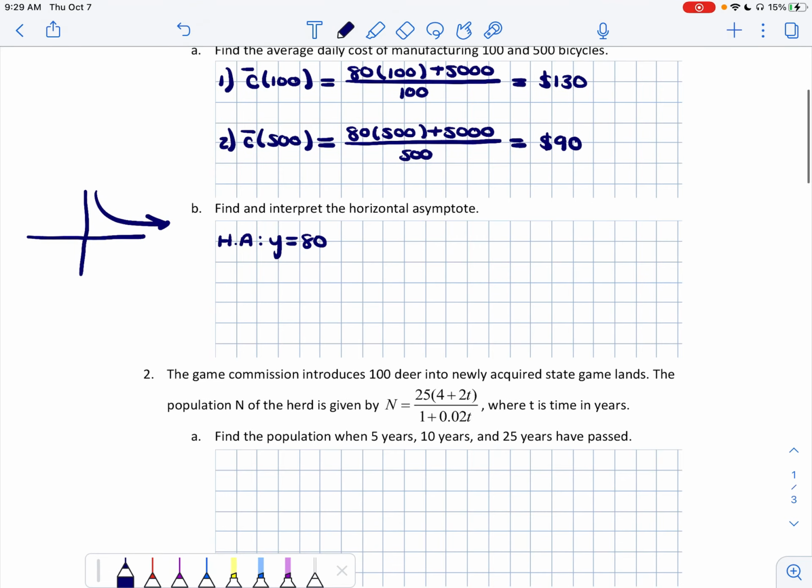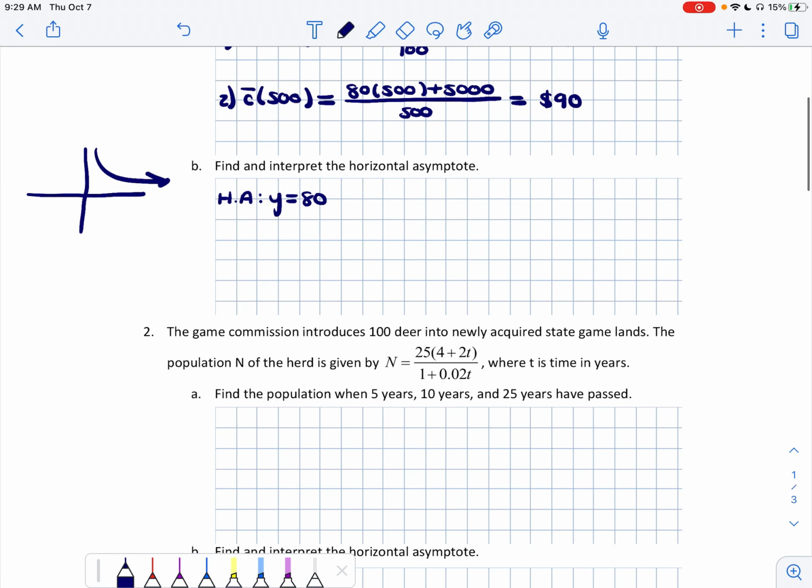So a way that we could say that essentially is as the number of bicycles manufactured. Now, I'm not going to say goes to infinity because realistically, we're never going to get large enough to consider it infinity for any kind of real life application.